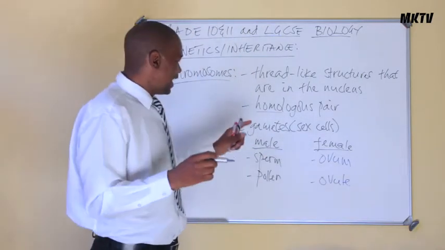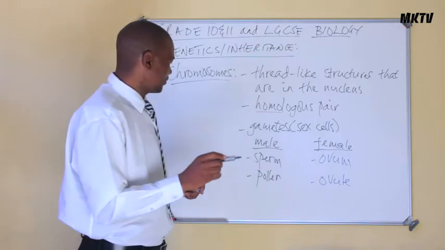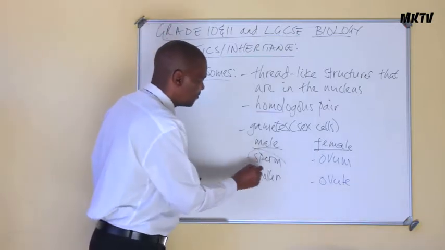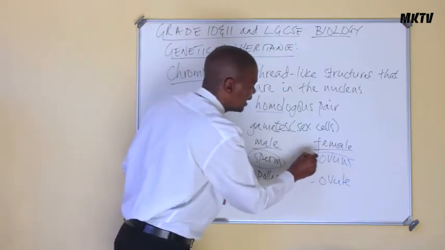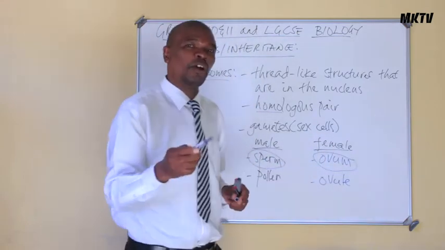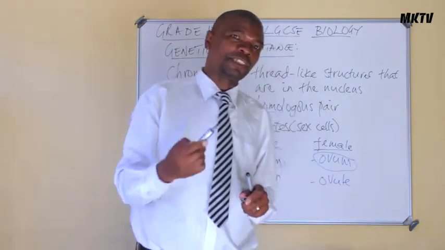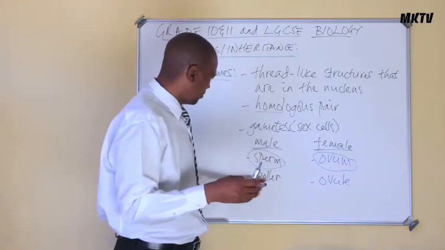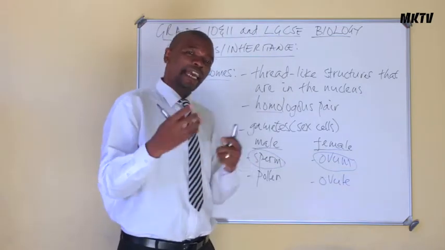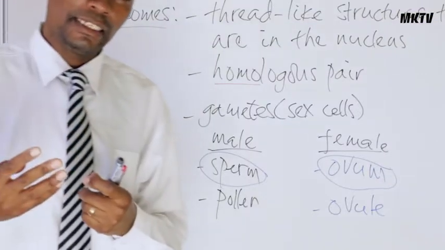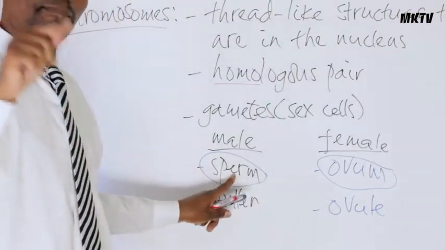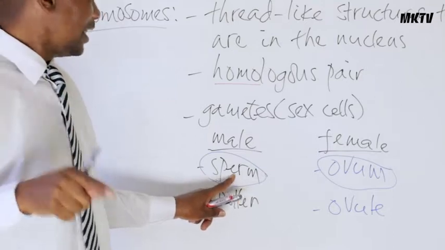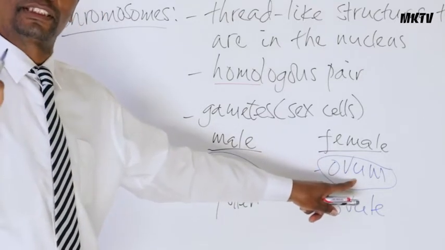All right, and then we are saying a sperm meets an ovum, and we call this fertilization. So fertilization is when the sperm and the ovum meet, or the pollen and the ovule meet. And when this happens, this one comes with a special number of chromosomes, and this one also comes with a special number of chromosomes.